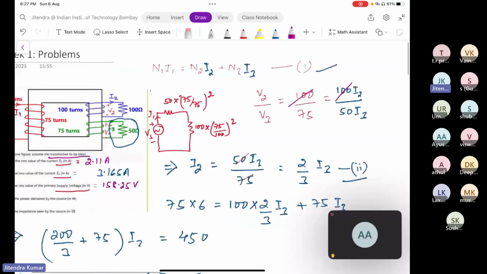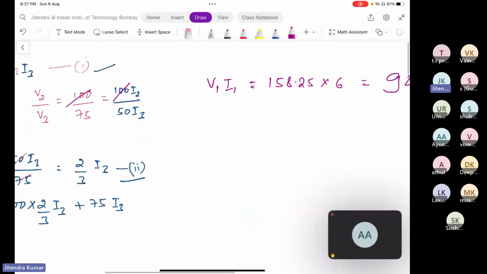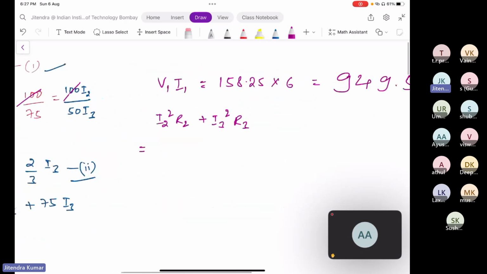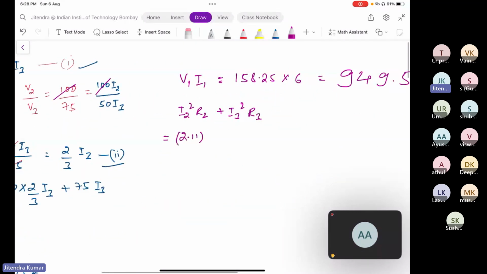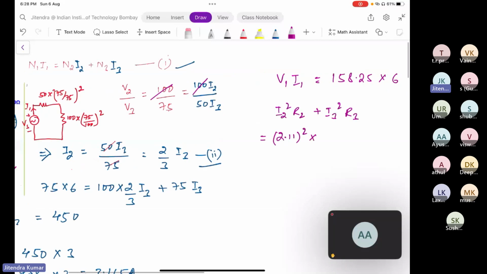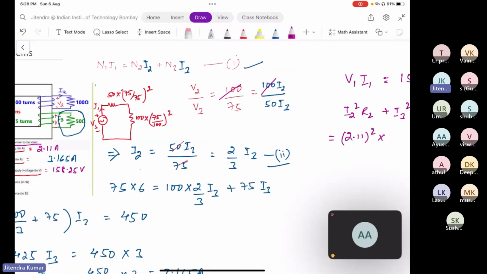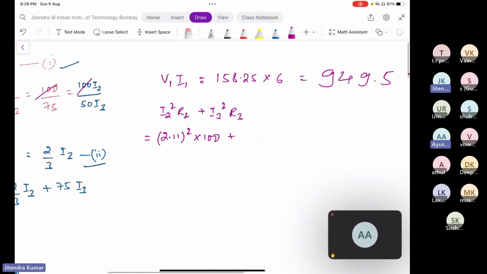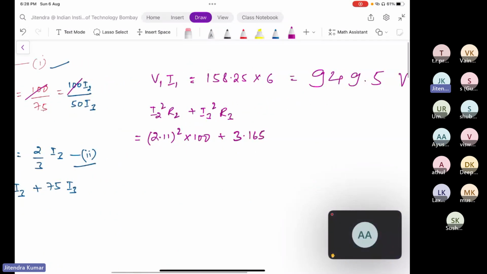So let me write it: I2 square R2 plus I3 square R3 is equal to, I2 is 2.11 square into 100 plus 3.165 square into 50, I guess.